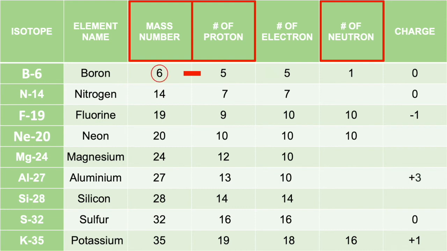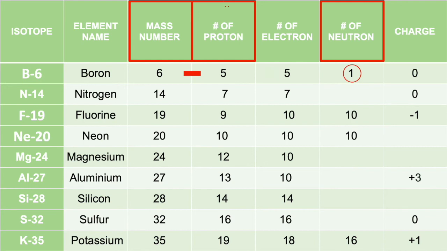So the mass number of boron is 6 minus the number of protons of boron, which is 5. So 6 minus 5 is 1. We simply subtract the number of protons from the mass number of the atom to get the number of neutrons of the atom.